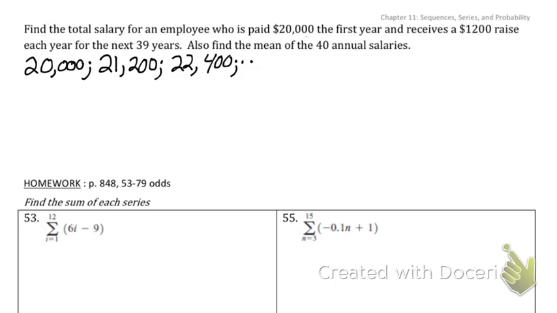Okay, so this is an arithmetic sequence because everything is increasing by 1,200. So that means my first term is 20,000. My common difference is 1,200 because I'm adding 1,200 every single year. So that means my explicit formula is going to be my difference, which is 1,200, times n plus RC.